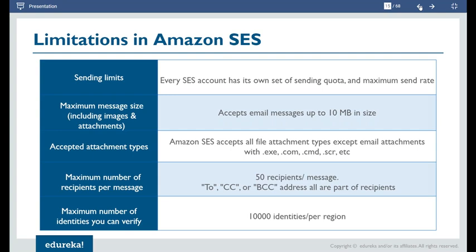To ensure your infrastructure is malware and virus free, it does not allow this kind of attachments. Maximum number of recipients per message is 50, and maximum number of identities that you can verify is 10,000 identities per region, and this is the default limit.